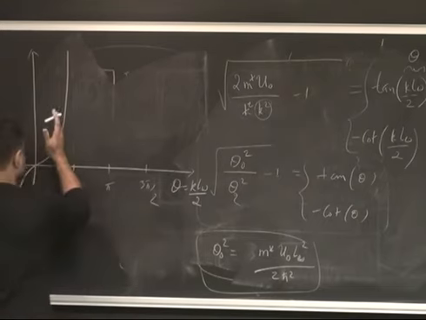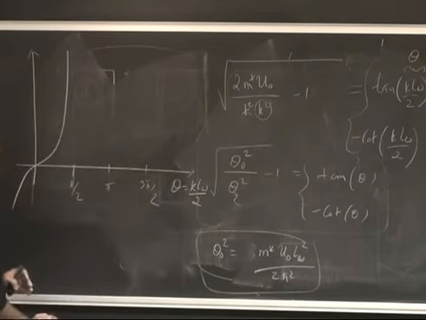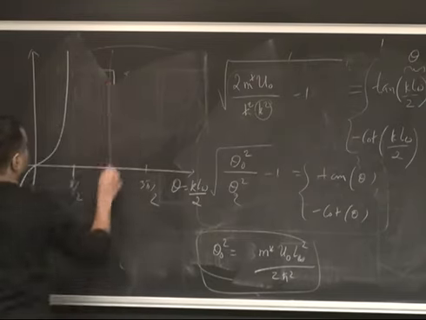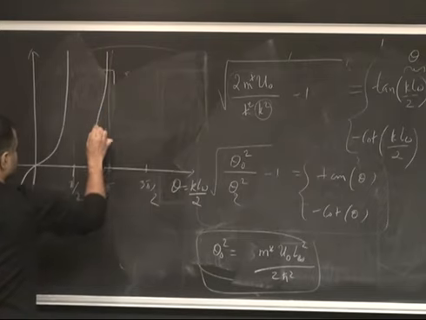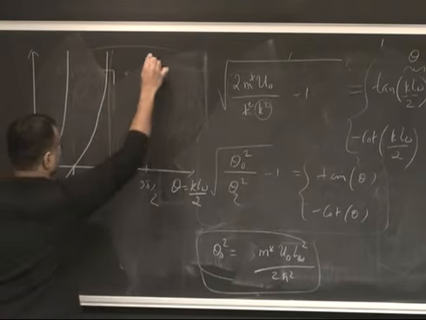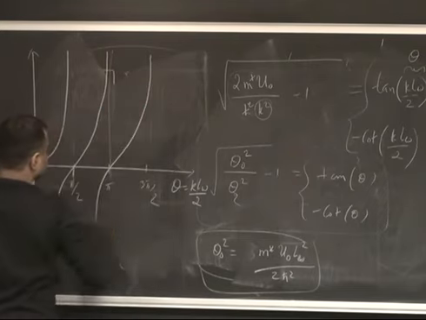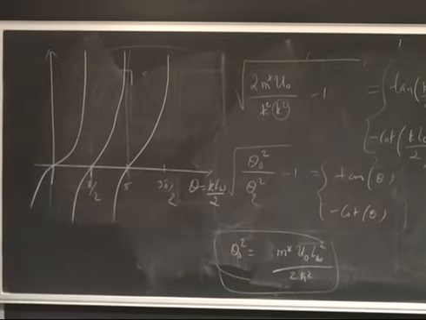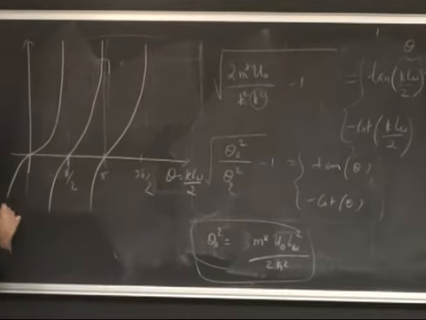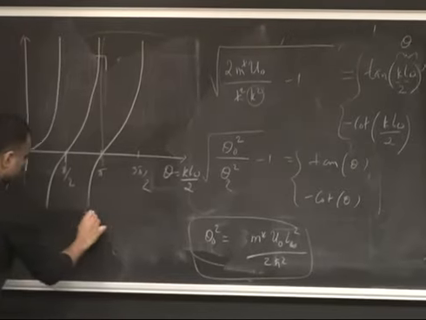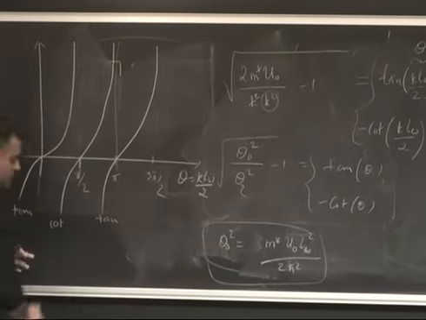Cotangent branch is basically the tangent branch shifted by pi by 2. So essentially, you'll get another one, and another one, all that stuff. Just to be clear, these are the tan branches, and these are the cotangent branches.